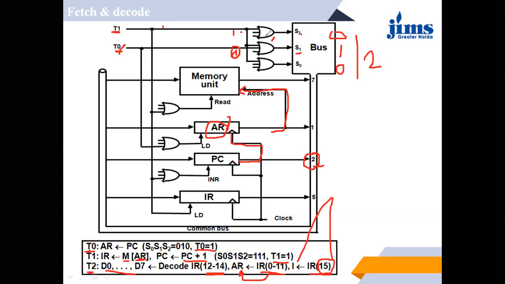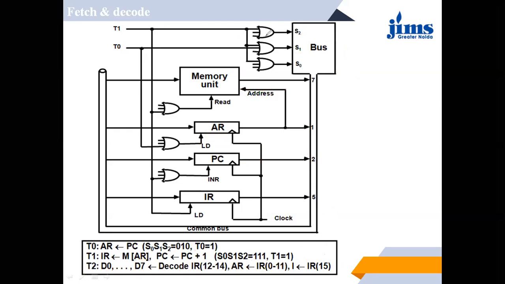If we want to discuss this in brief, then at time t0, at first it selects the program counter, then the address from the program counter is shifted to the address register, then the control is transferred to the same address in memory.